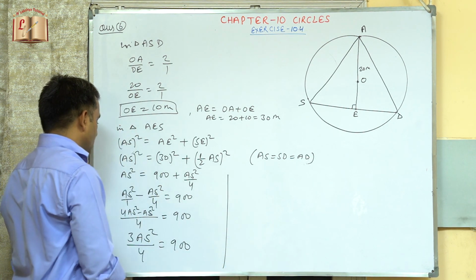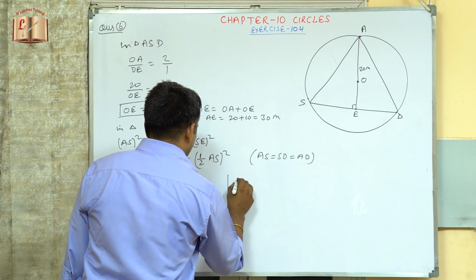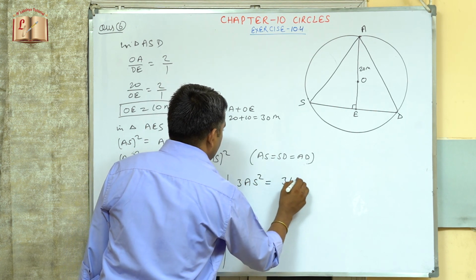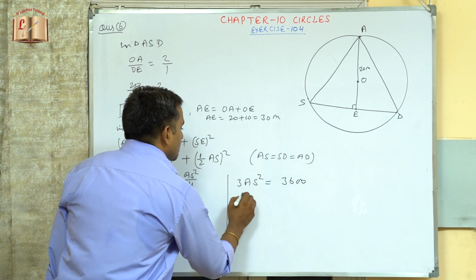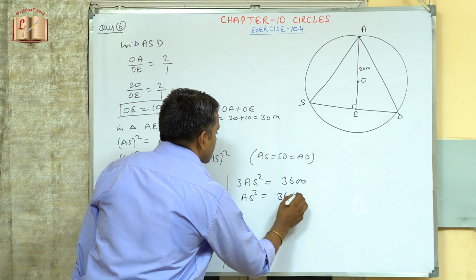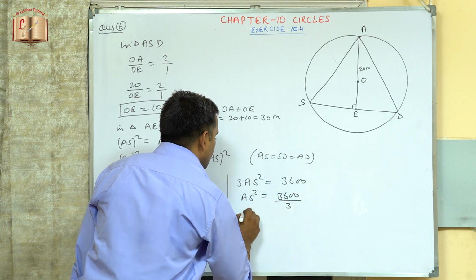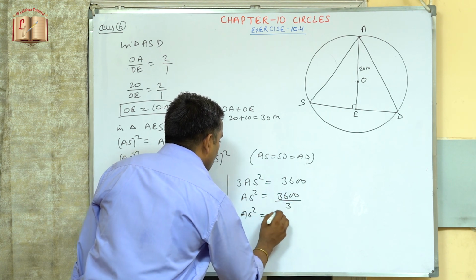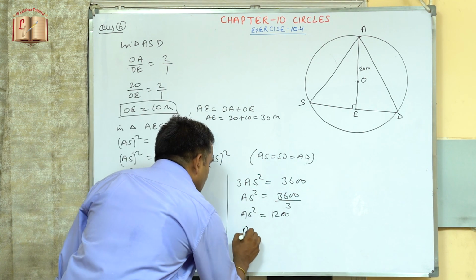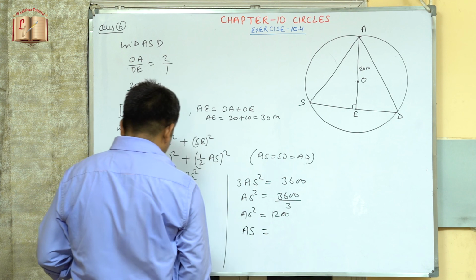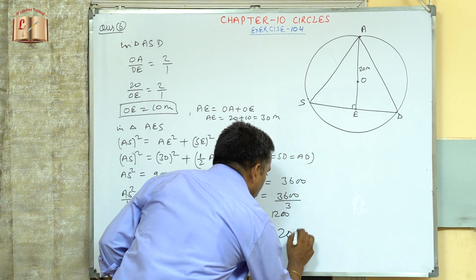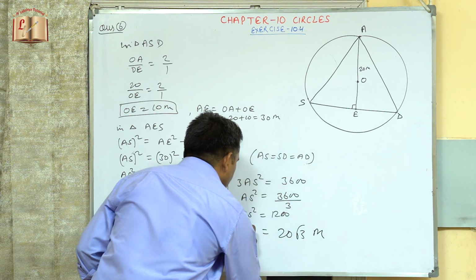Now we can cross multiply. So 3 times AS square will be equal to 3600. So AS square will be equal to 3600 divided by 3, so AS square will be equal to 1200, or simply AS can be written as 20√3 meters.